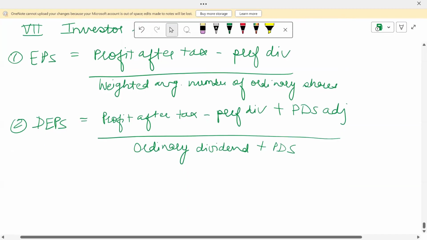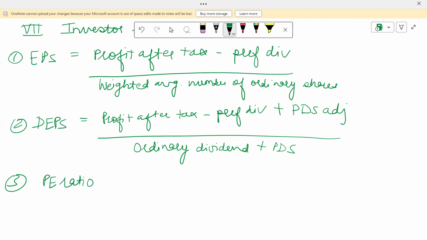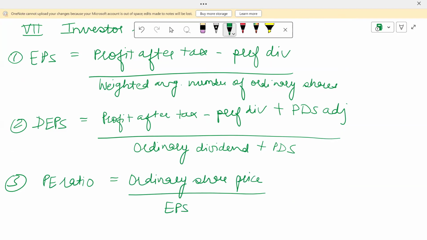All right. So continuing with investor ratios, number three is the PE ratio. As the name suggests, in your numerator, you have the price, which is the ordinary share price in the market, and then you divide that by the EPS, which is the earnings per share.